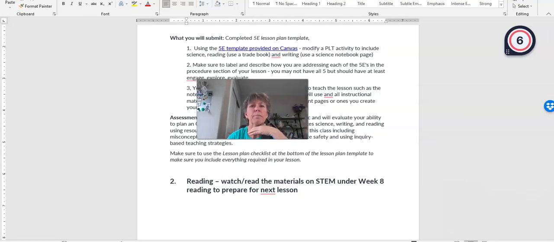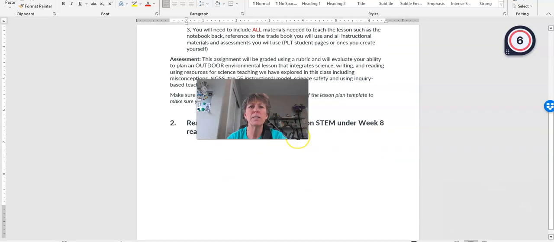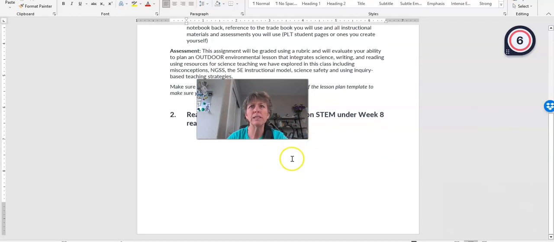It's easier for me to review if they're all in one document, and then I'm less likely to miss something that you've included. So you can create them separately, but then copy and paste your materials and assessments into the lesson plan document and submit it all as one document.